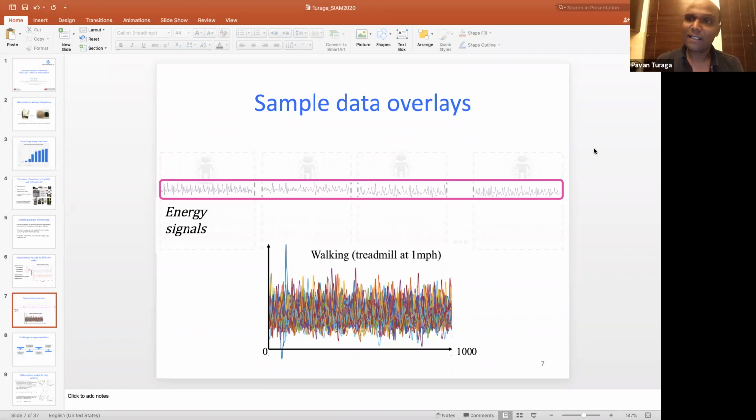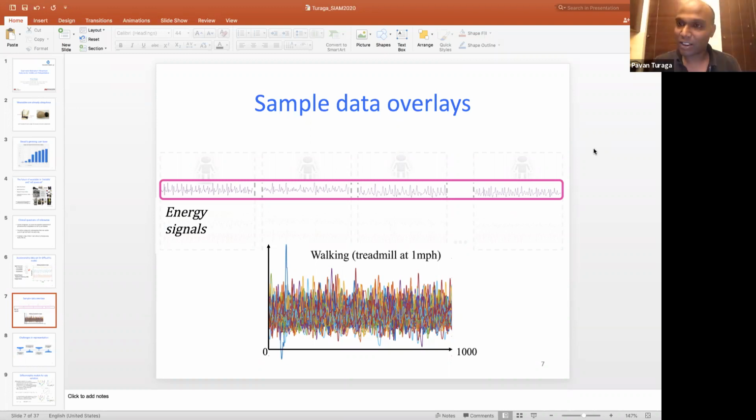And this is very similar to findings 2 or 3 decades ago in the field of speech analysis, where people found that the same person saying the same syllable or the same vowel at a different time of day gives rise to slightly different recordings as measured by your microphone. It's just the intrinsic variability of human speech in that case, and human movement in our case. Human movement is not perfectly repeatable. You cannot walk the exact same way if I made you walk 10 times.